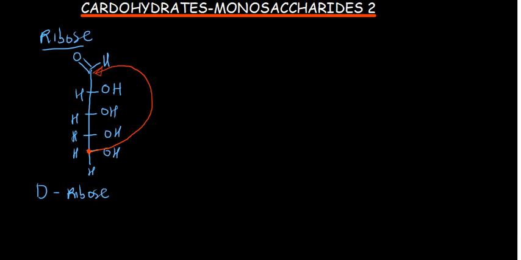So we are saying the carbon at position number 4, that is second from last, interacts with carbon at position number 1. So that interaction happens in such a way that you are going to form a ring. So what is going to happen is the oxygen of carbon 4. Which one is carbon 4? This one here.